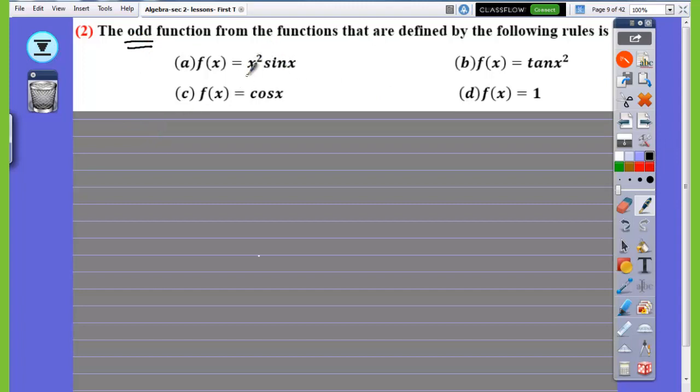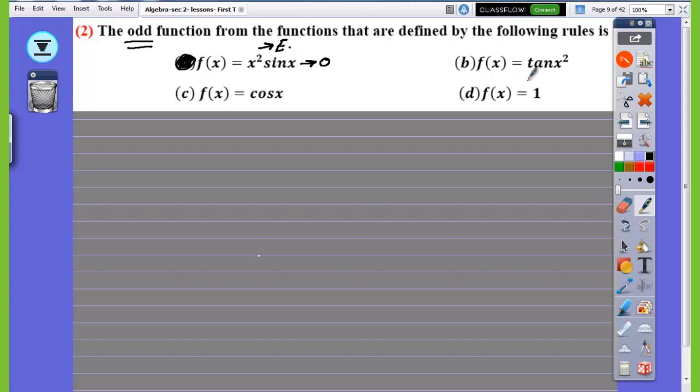Here the first function is x square and it is even function, and the other is odd, so the product is an odd function. So it's clear that is the solution, so our choice will be letter A.